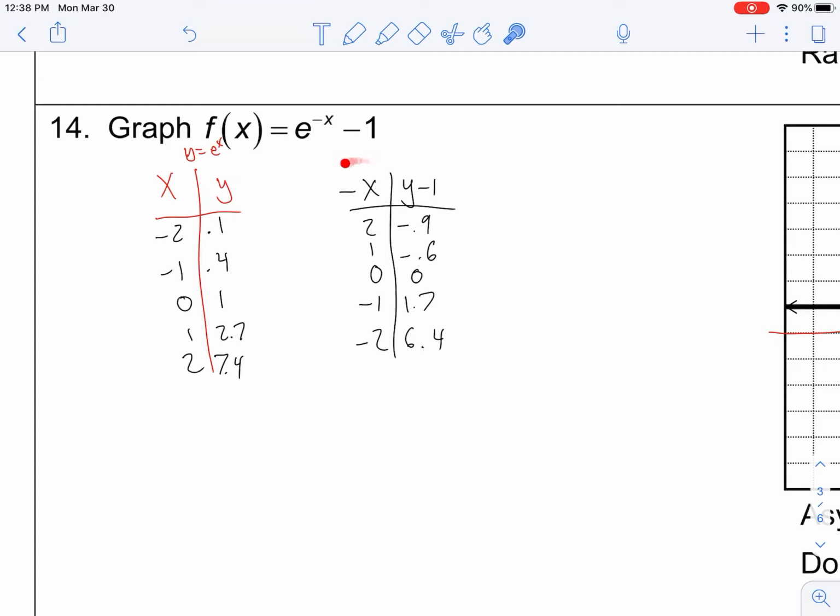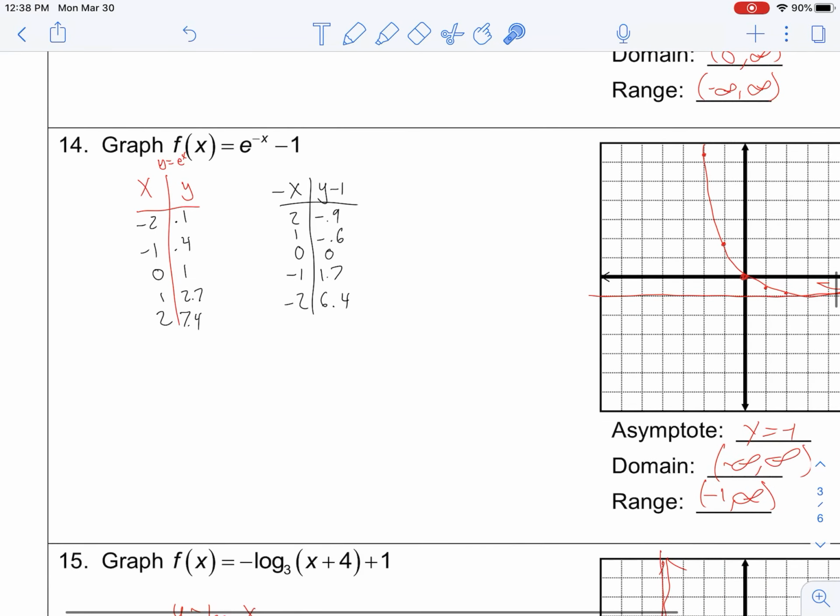It needs to be applied in your second part here. So this negative is affecting our x value, so the opposite. And then -1 is going to be going over here. So we have -2 and 0.1.